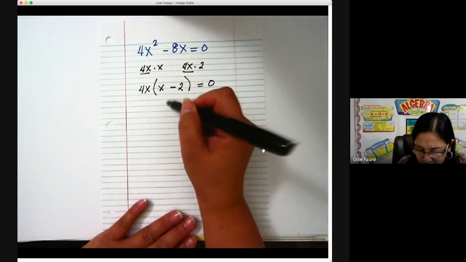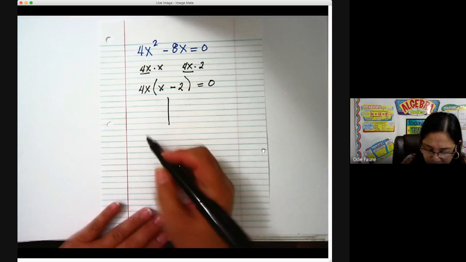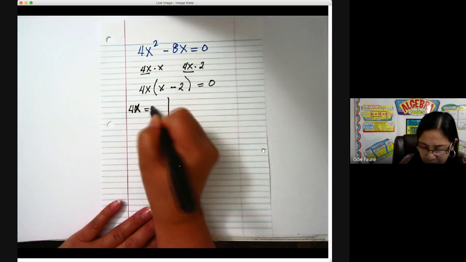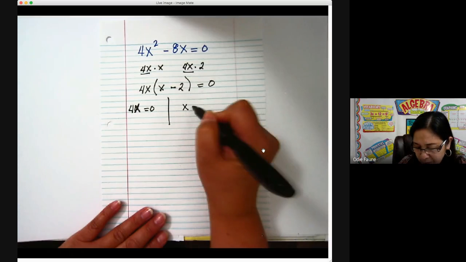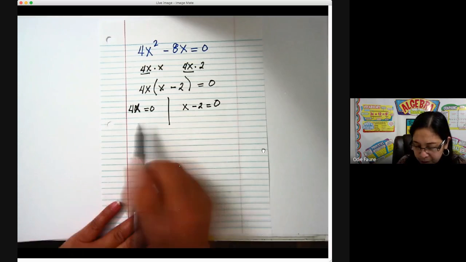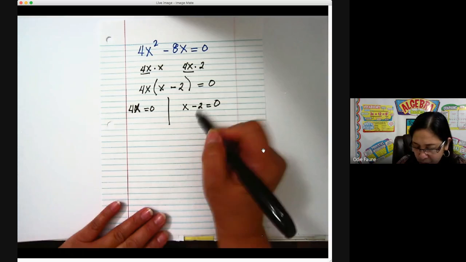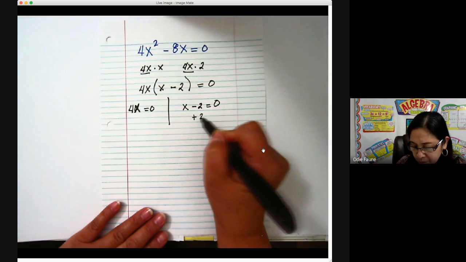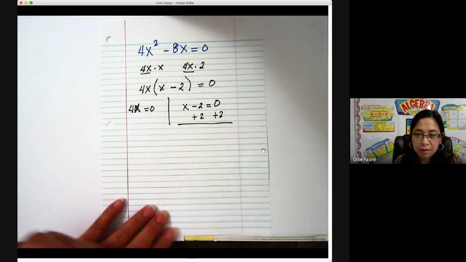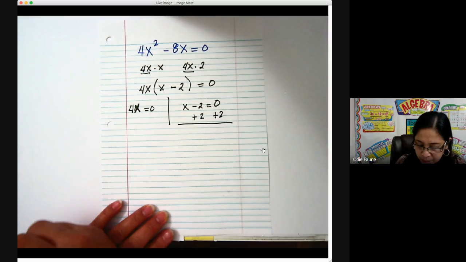And then we split the factors and equate each factor to 0. 4x equals 0. Then x minus 2 equals 0. Then this is an ordinary linear equation. We solve for x by adding the inverse operation.